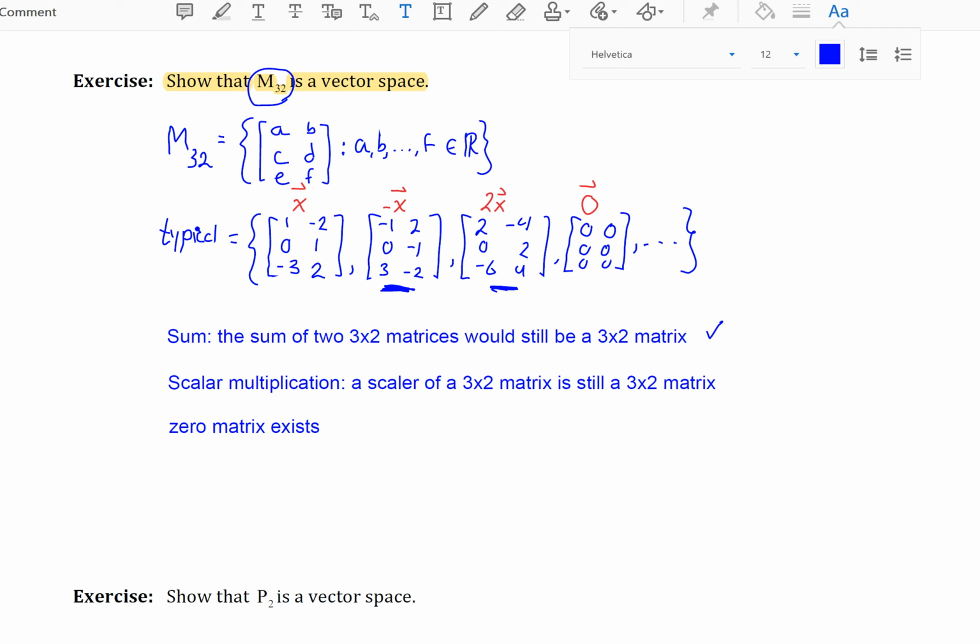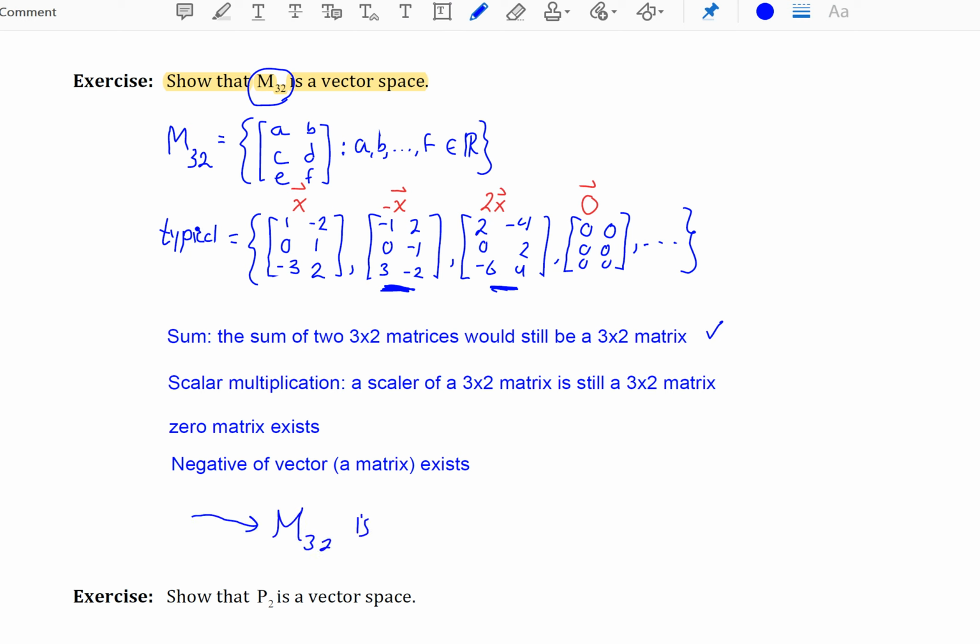And we could also say that the negative of a vector, a matrix, exists. I think these are enough for us to say that M32 is a vector space.